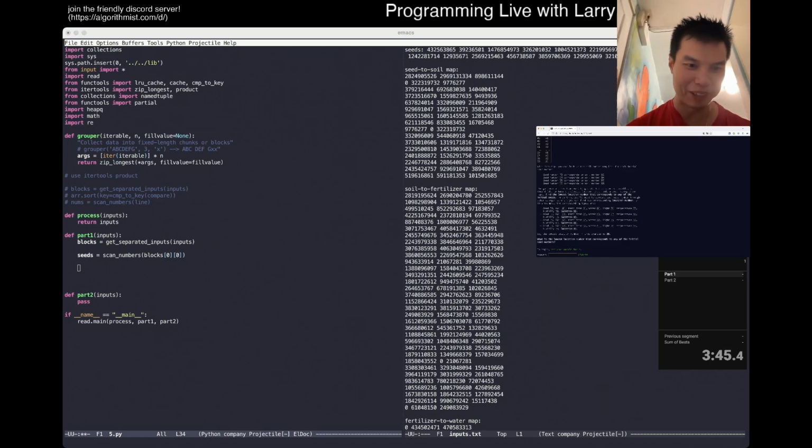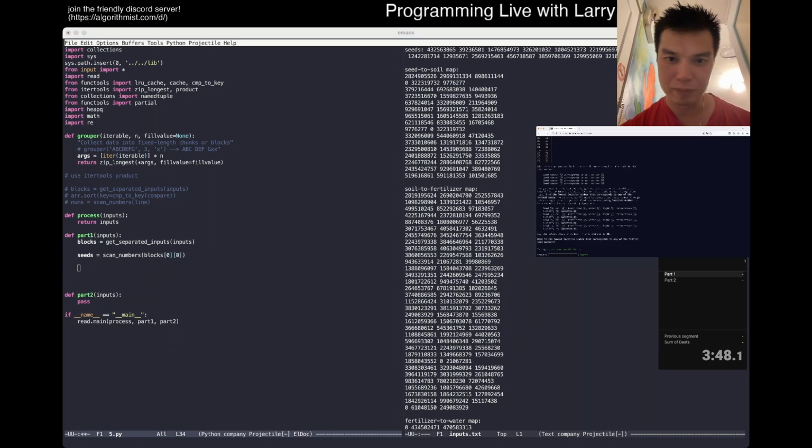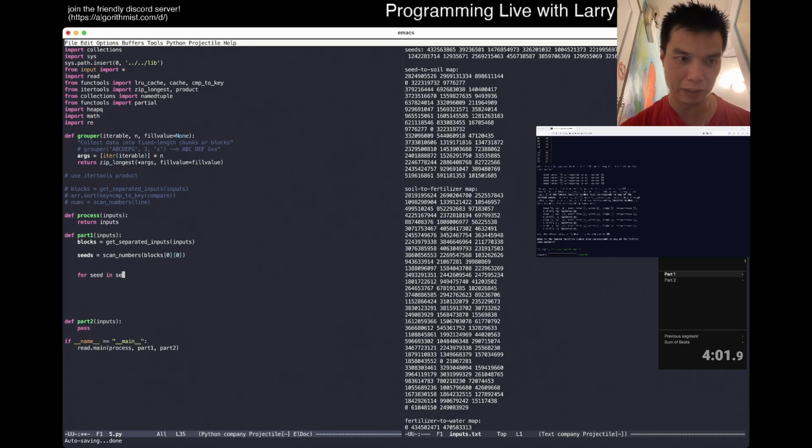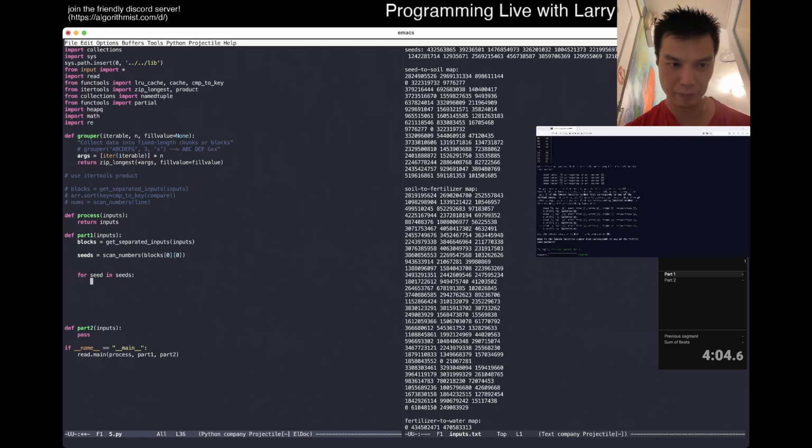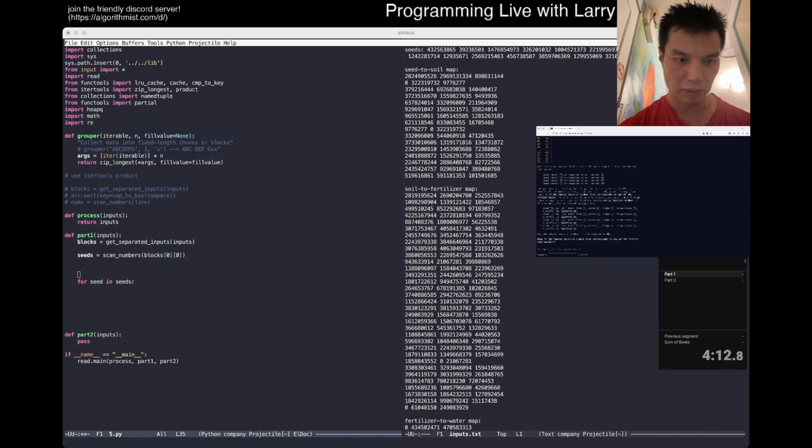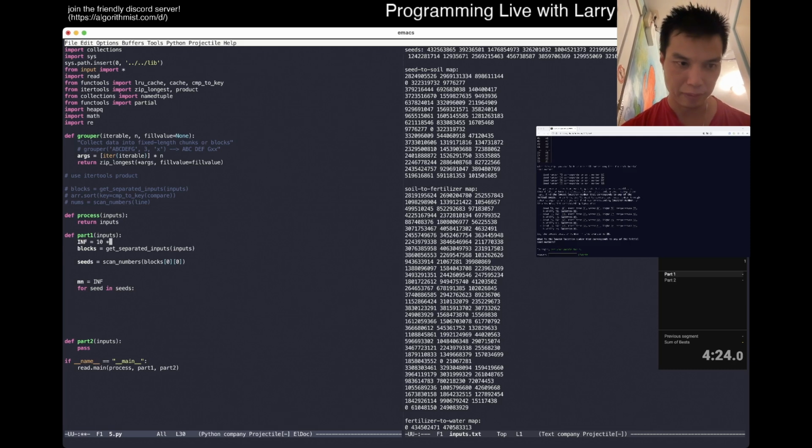So I can't just, I was hoping it was smaller, but okay. So for seed in the seeds, min is equal to some big number.